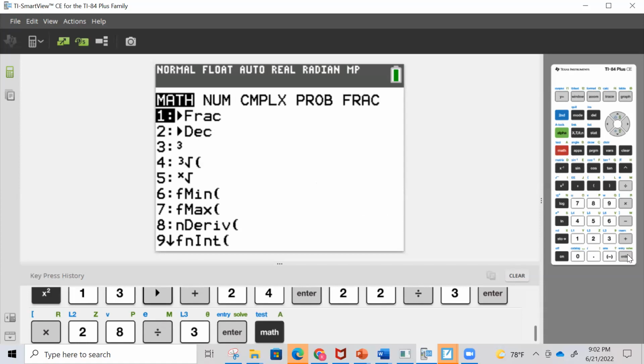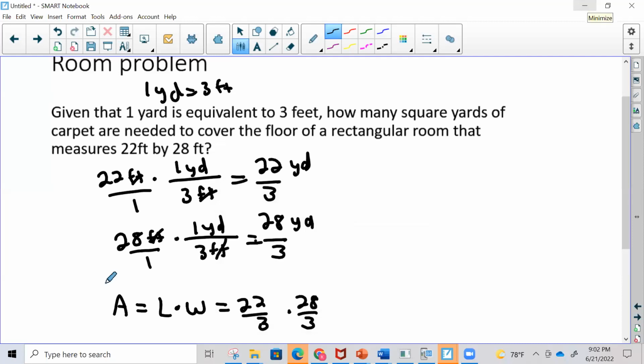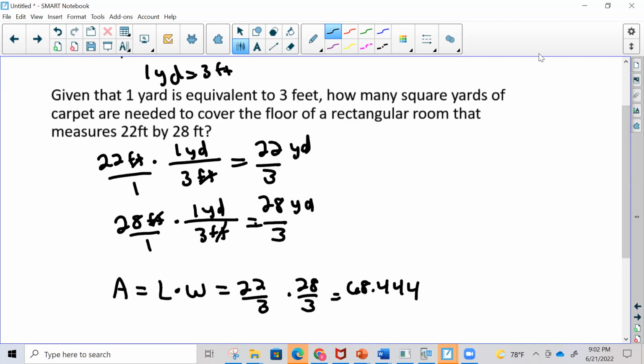If you need it as a fraction, you could change it, which is 616/9. Okay, and just follow how many decimal places they say on the homework. So that's just a quick review of the dimensional analysis because we'll be using that for Task 24.